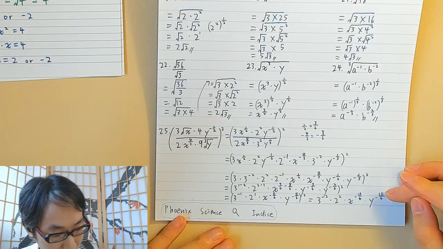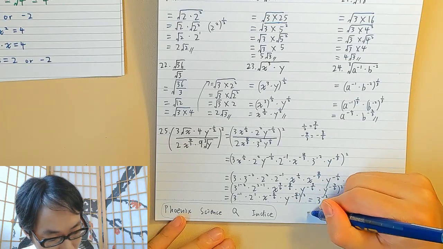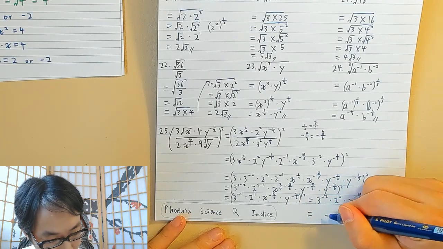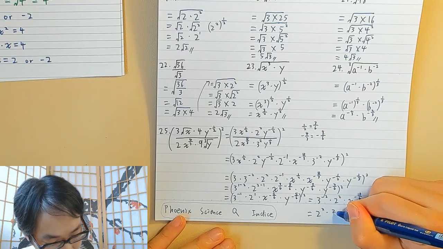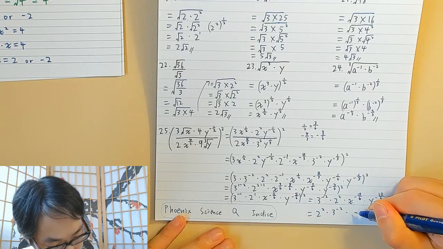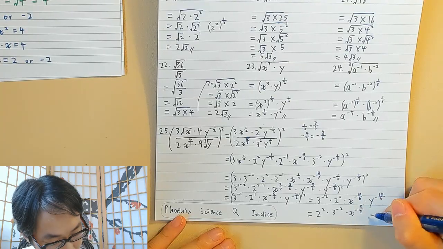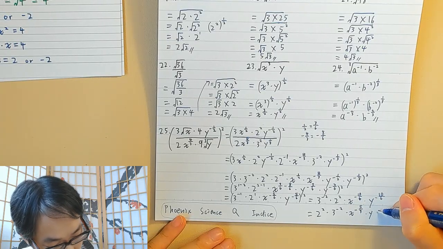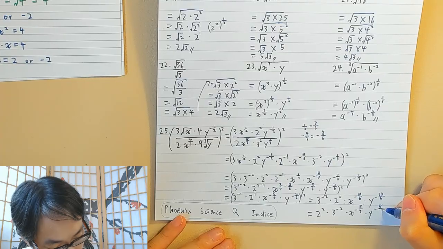Okay, and this fraction can be simplified. So it is, and I put 2 first, 2 squared times 3 to the power of negative 2 times x to the power of negative 5 over 3 times y to the power of negative 5 over 3. And this is the answer.